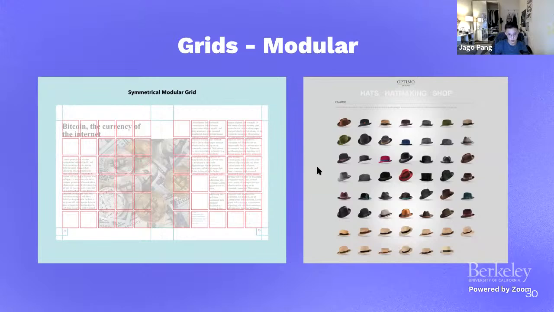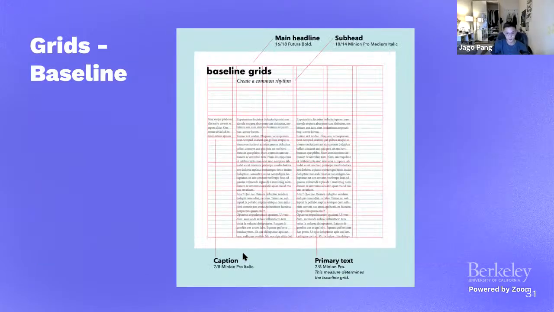You can also use a modular layout, where each module is used on its own. This is very common in shopping layouts where each item is in a module, so it's modular. You can also use the baseline grid, where you use the flow lines of a grid a lot.